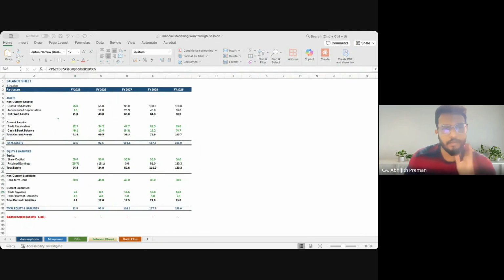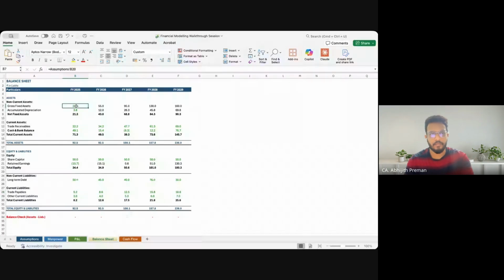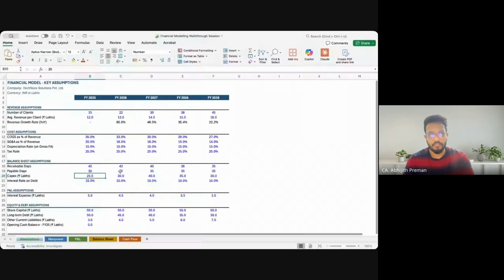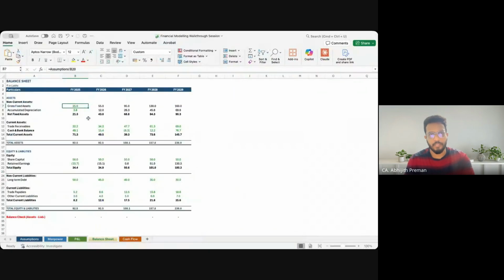In the balance sheet, we have the gross fixed asset. It's again the assumption I've taken, assumptions B20, which is capex of 25 lakhs. So in the balance sheet, it's again 25 lakh. Then we have the depreciation, which comes from the P&L.